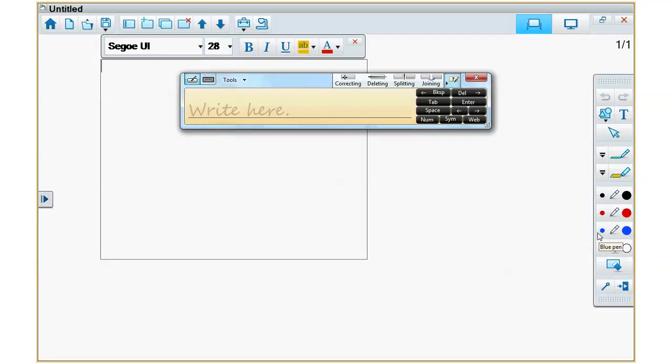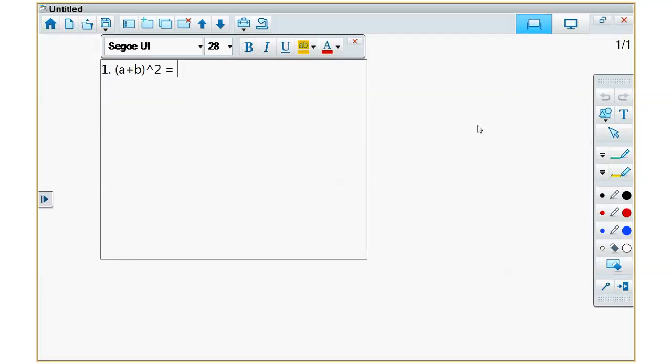The first one, shortcut number 1. You'll just have to use the caret symbol. Parentheses, A plus B quantity squared is equal to A squared plus 2AB plus B squared.